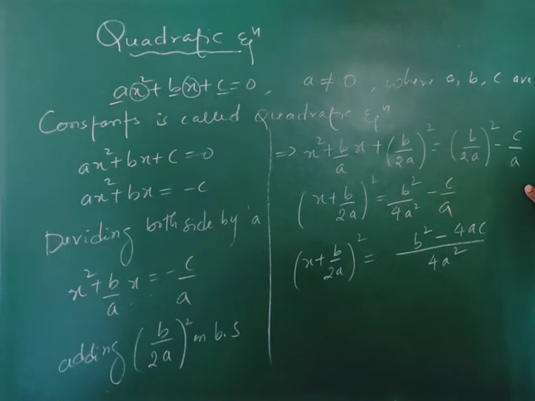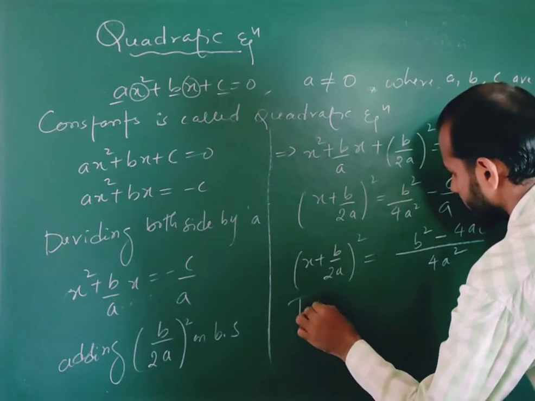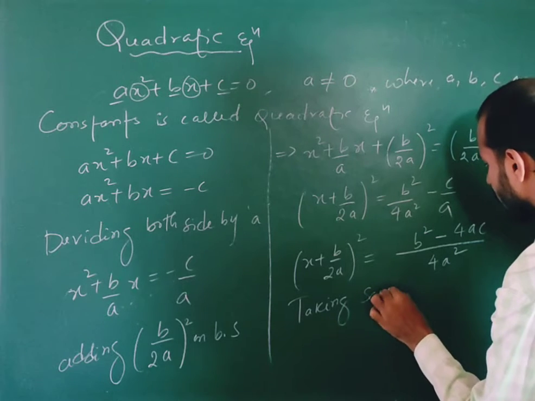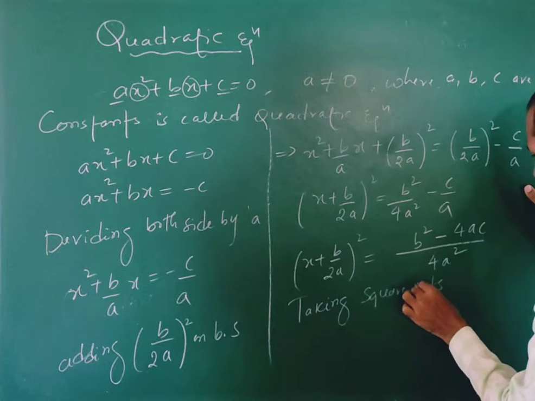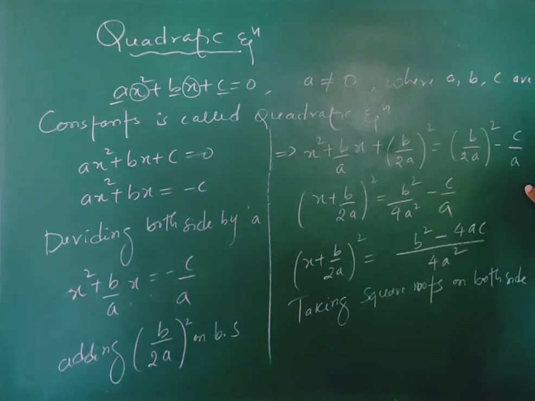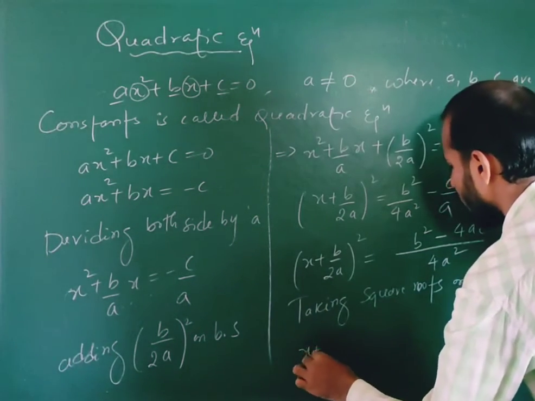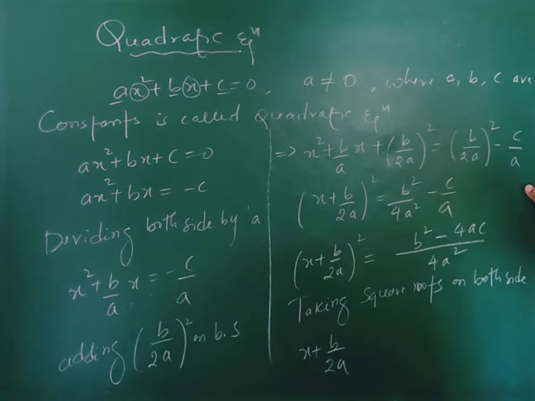Now taking square root on both sides, what we get here, x plus b by 2a, here square root gets cancelled.